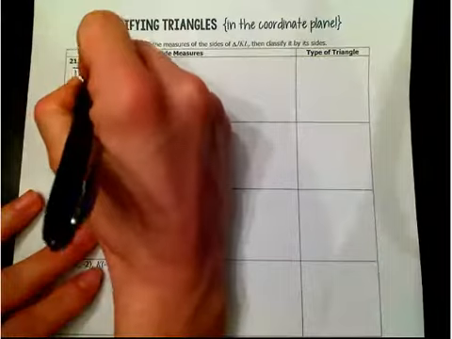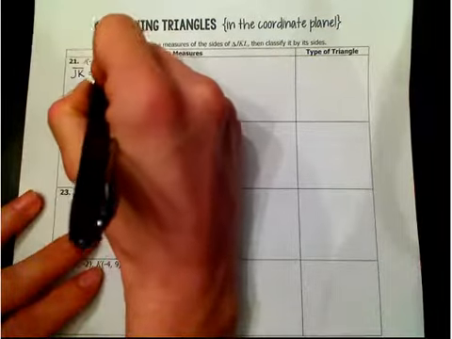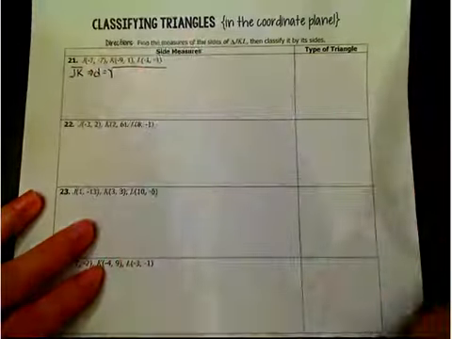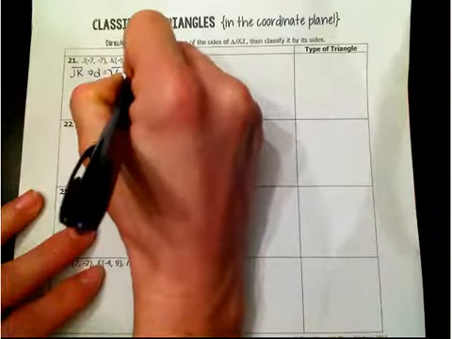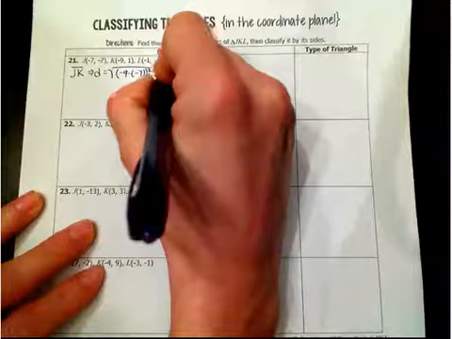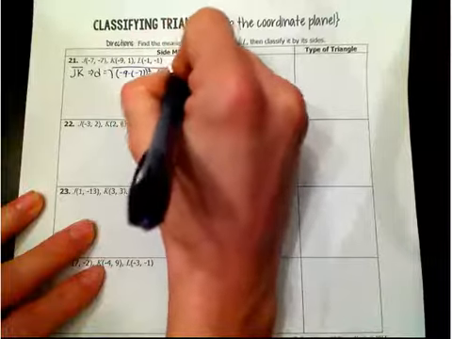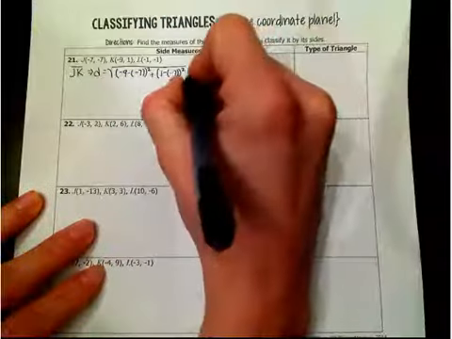JK, then I'm going to use the distance formula. So the distance equals the square root of x2 minus x1 squared plus y2 minus y1 squared.